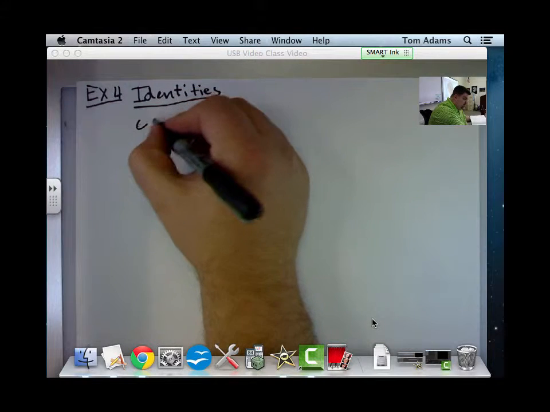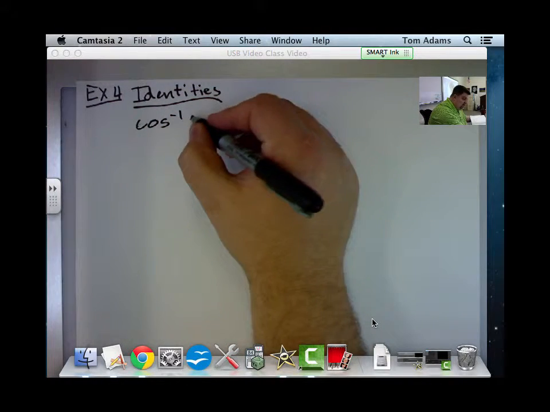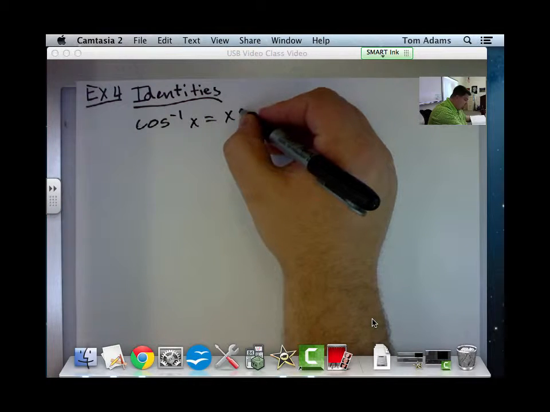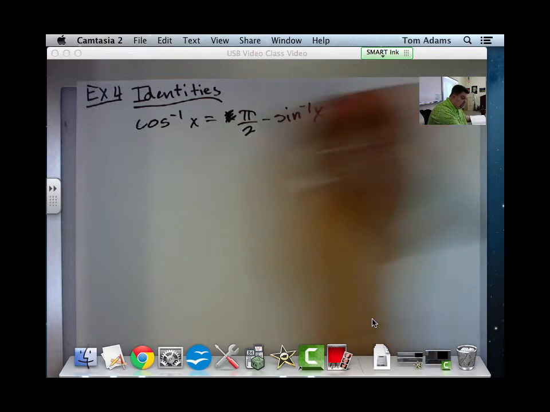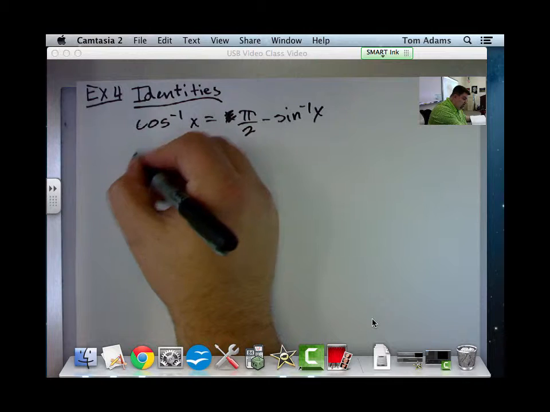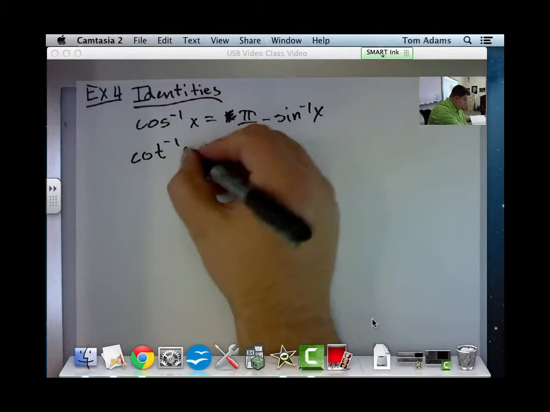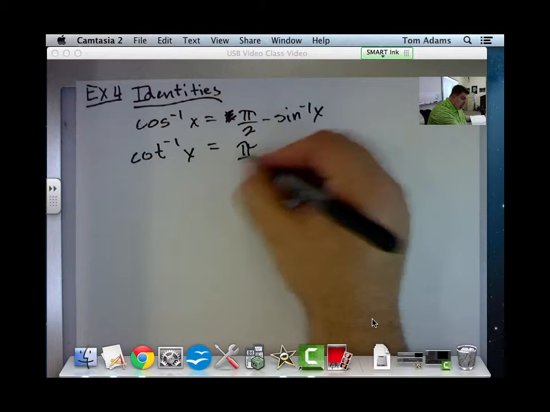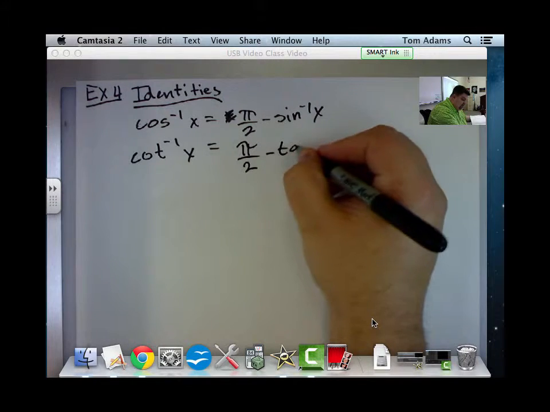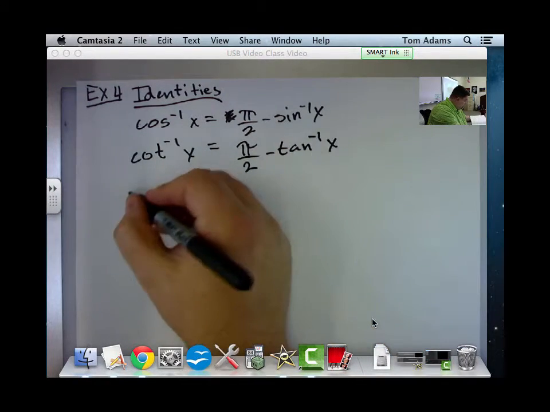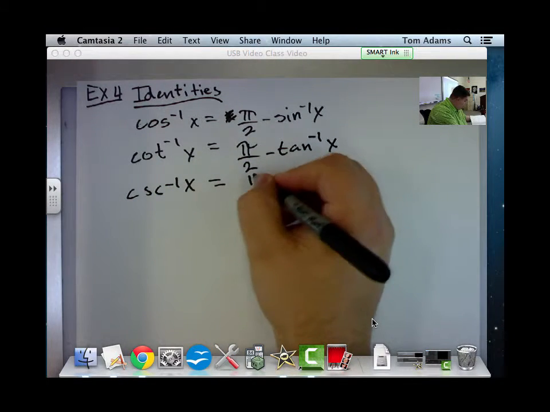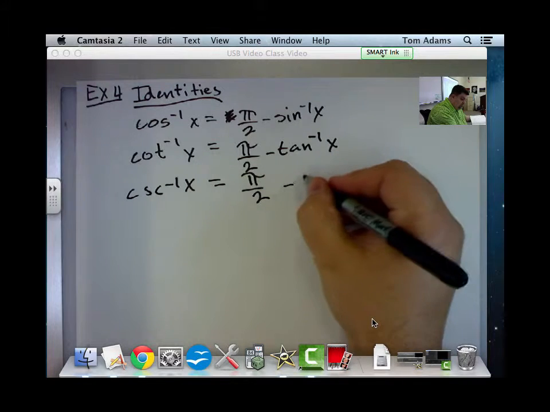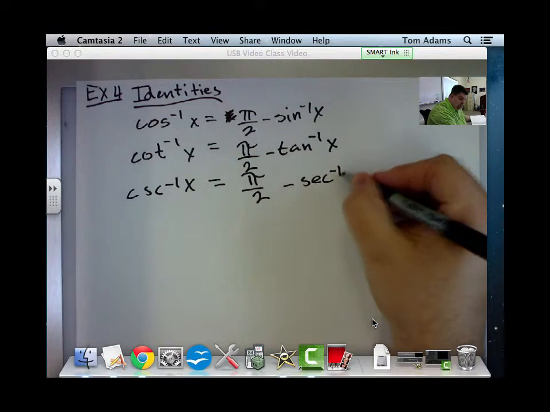So we have arc cosine of x, and its cofunction identity, which is pi over 2 minus sine inverse of x, and then cotangent inverse of x is the same as pi over 2 minus arctan of x, and then we have cosecant inverse of x is equal to pi over 2 minus secant, or arcsecant of x.